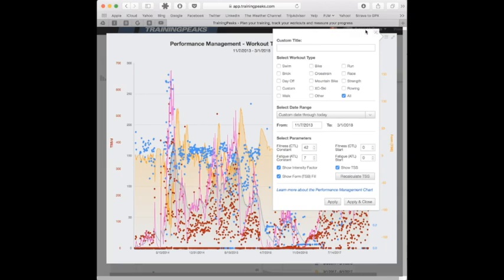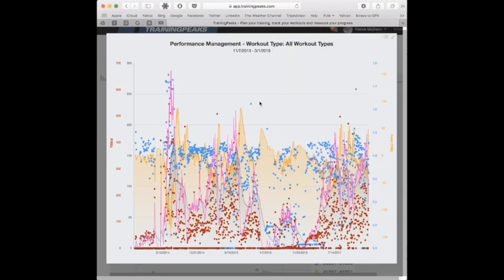So let's talk about the macro stuff and work our way down. So what do we see here? We do have this intensity factor here, and this is, what does it mean to go super hard in a workout? That's probably an outlier workout of some kind, but that lets me see that generally speaking, you can see the trends here, that when I'm in the wintertime, I've got a lot of these higher intensity workouts, but when I move in season, the intensity generally drops down lower, right?